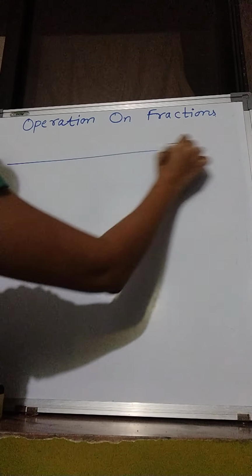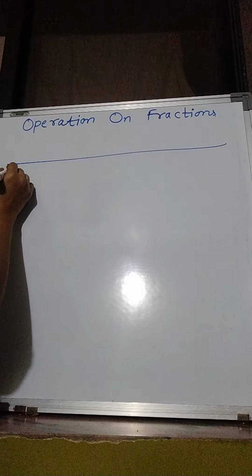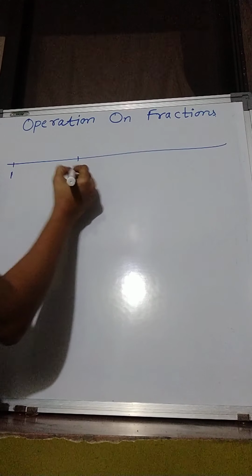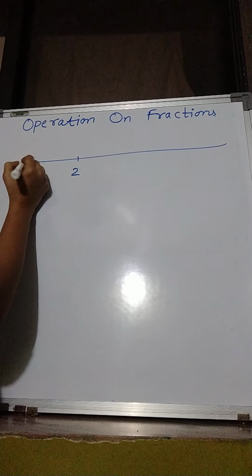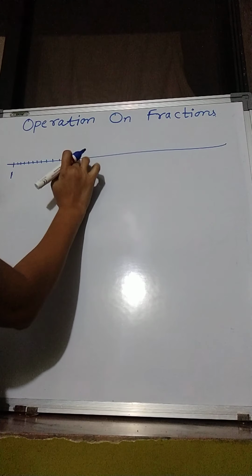Now see, how can we write that line in fraction form? See, suppose this is your scale, right? This is your 1. In between 1 and 2: 1, 2, 3, 4, 5, 6, 7, 8, 9, 10.